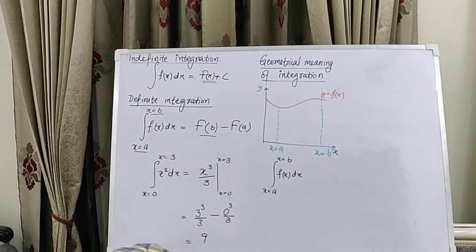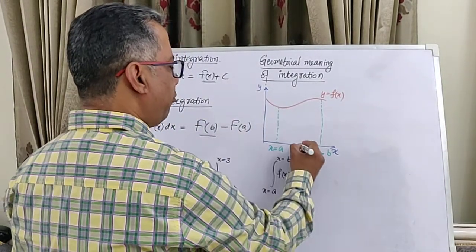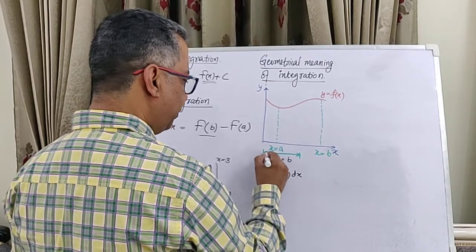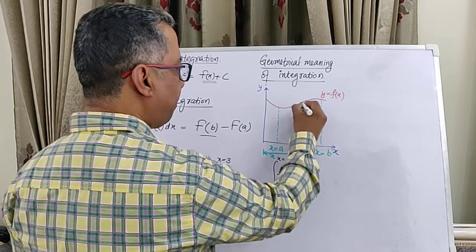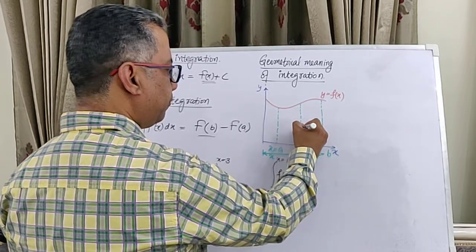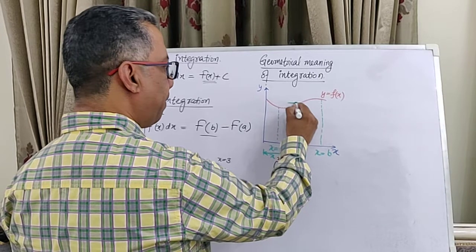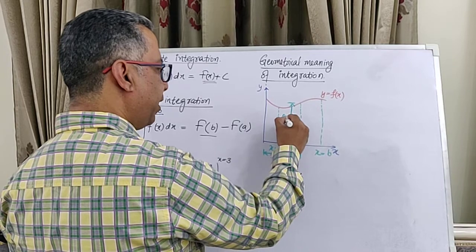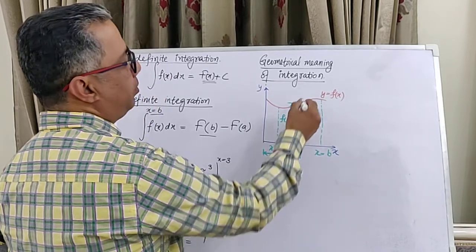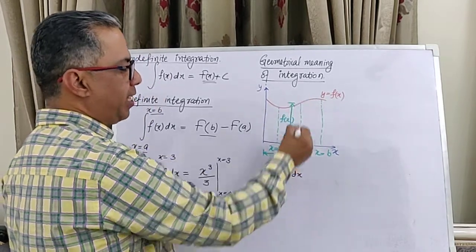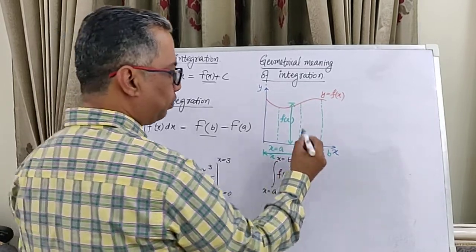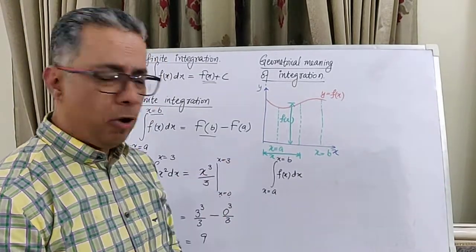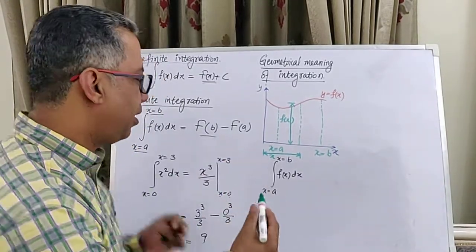Now, at some value of x, let's say this value here, this is x somewhere, this would be fx, f of x. So this height here is f of x, that's the y, and this is x. Now what's dx? Easy to recall that dx is a small change in x.